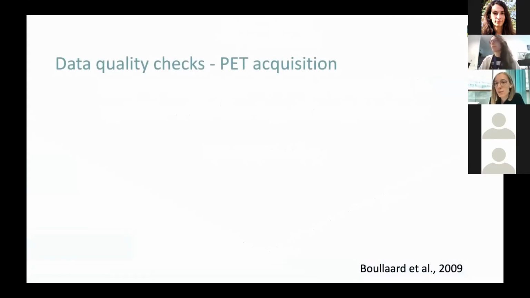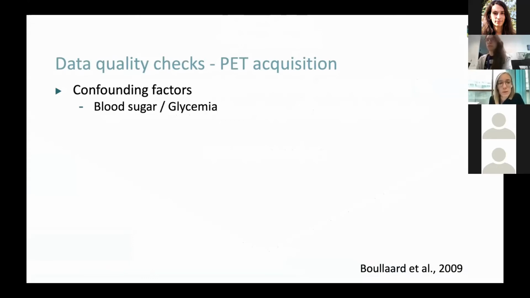So quality control for the FDG-PET studies. As Estelle already told you, the first step to control the quality of your data is to make sure that the acquisition is done in a proper way. So you make sure that there are no confounding factors. That means that the glycemia of the patient is okay, and that the patient doesn't suffer from, for example, diabetes. And if so, be extra careful that the glycemia is below 120.